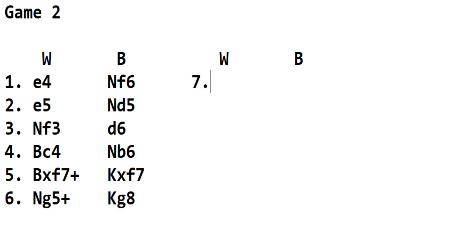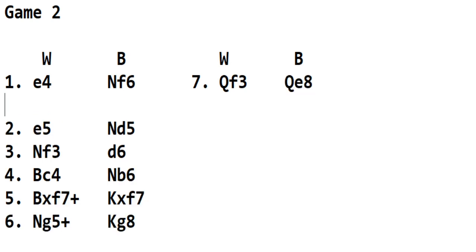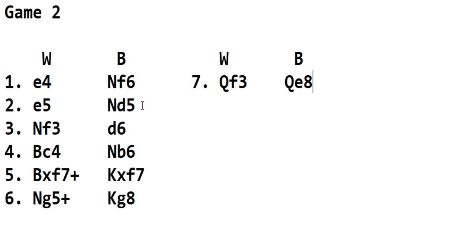You have the queen f3 move. The only way to stop the mate is the queen e8 move. The e6 push. Black played h6, which I feel was a blunder.